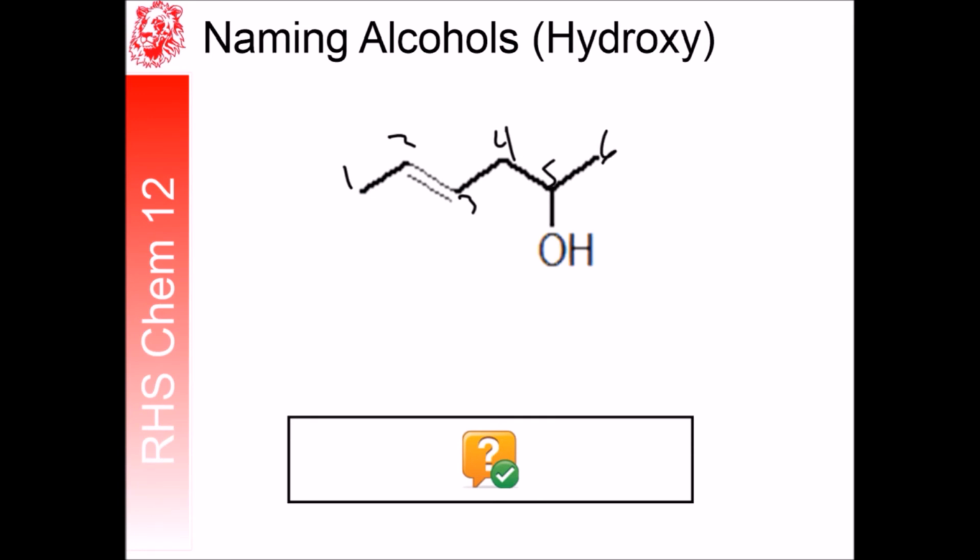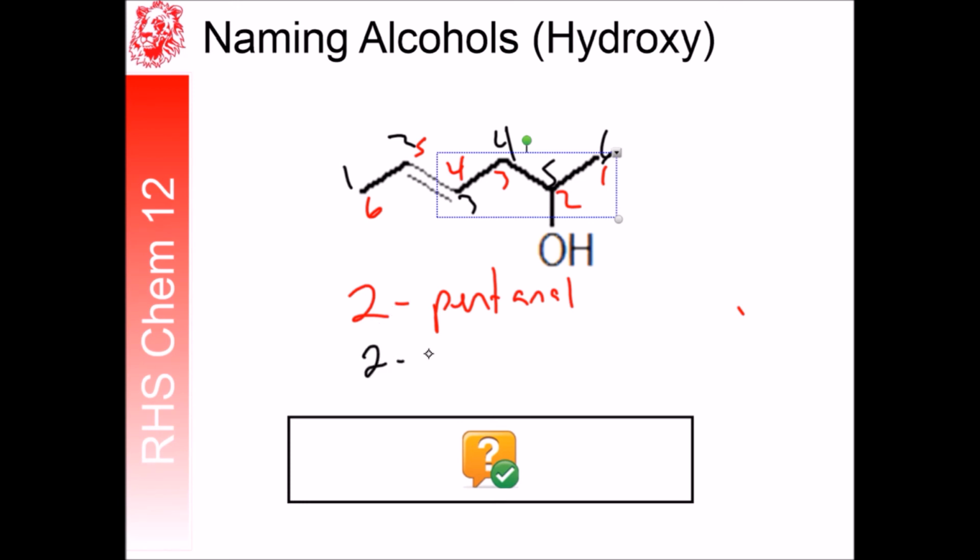So this should be a hexene, but if I think about the alcohol, it would be a 1, 2, 3, 4, 5, 6. That would be a 2-ol pentanol. But how do I put the -ene in there? Or it could be 2-hexene, but how do I put the -ol in there?